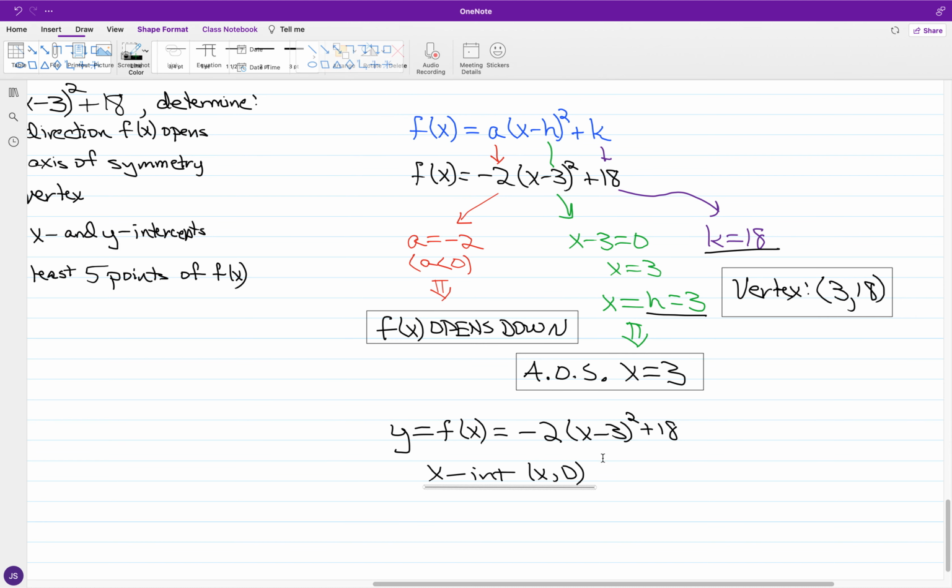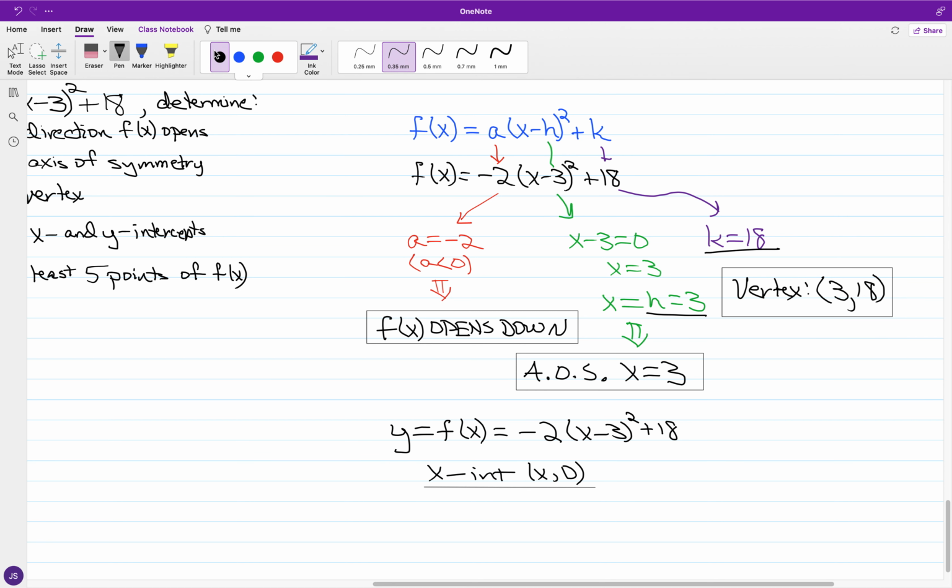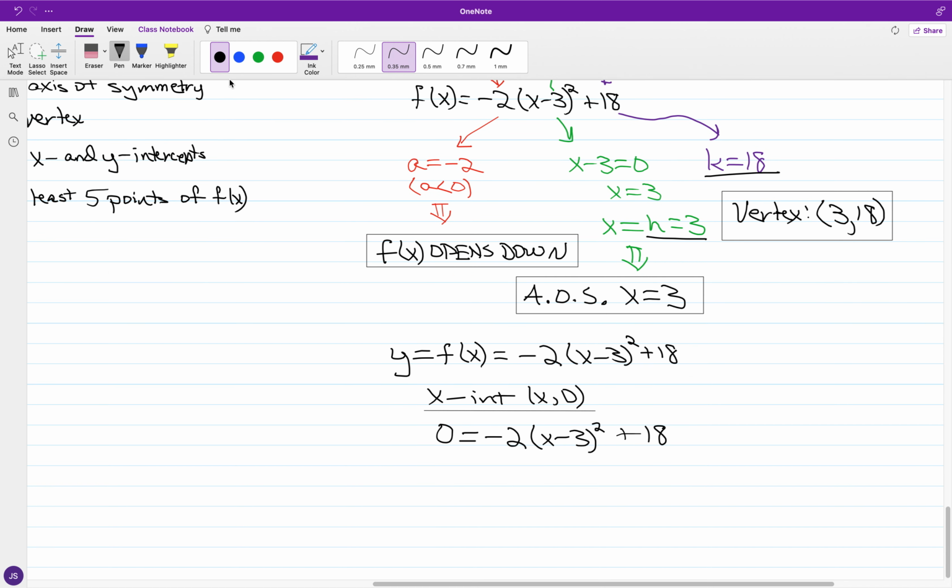So y is equal to 0, and we have -2 times the square of x minus 3, plus 18. I can isolate the variable expression by taking 18 away from both sides. So we have -18 is equal to -2 times the square of x minus 3, and we divide by -2.